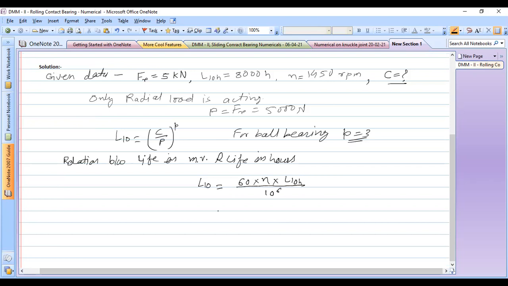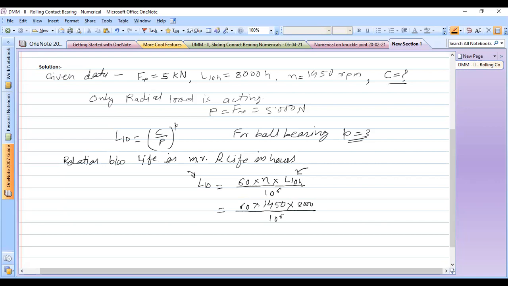Here, why did we take L10? L10 is the life in millions of revolutions, and this L10H is the life in hours. Life in hours is given, so we will use this one. Now 60, n value is given 1450, L10H is given 8000, upon 10 raised to power 6.